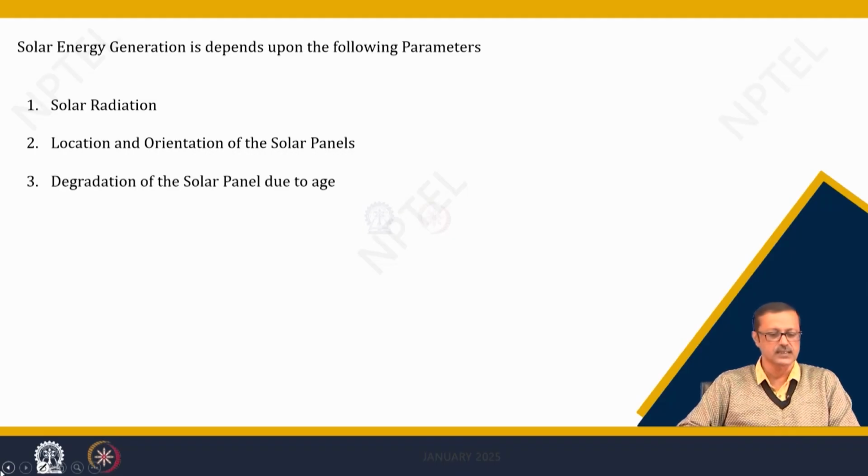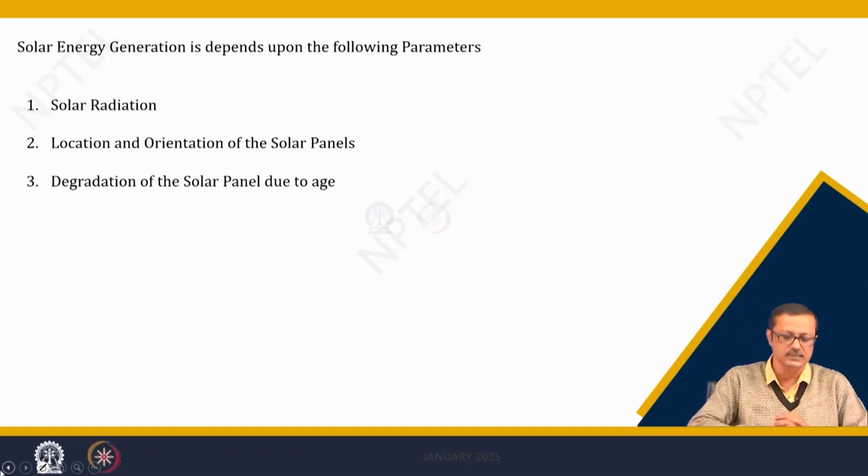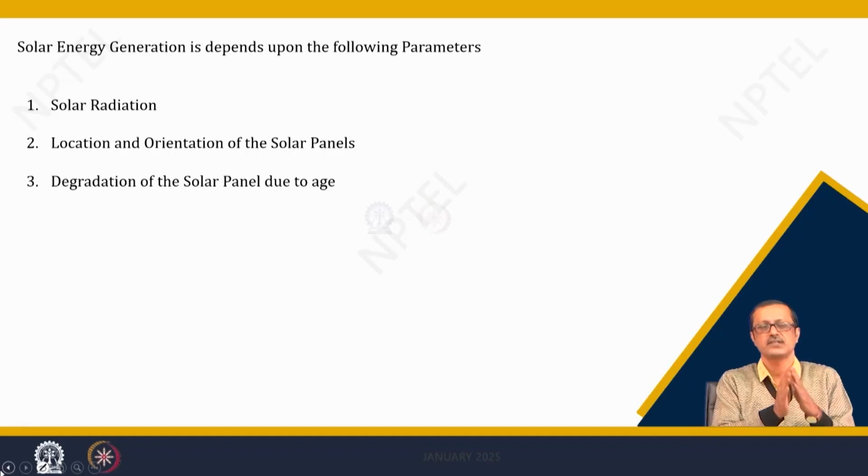The third one is the degradation of the solar panel due to age. This is one of the things that we were just now discussing in the earlier slide. The efficiency may be the current efficiency, or the very new material efficiency or the panel efficiency, but it has another watt peak.